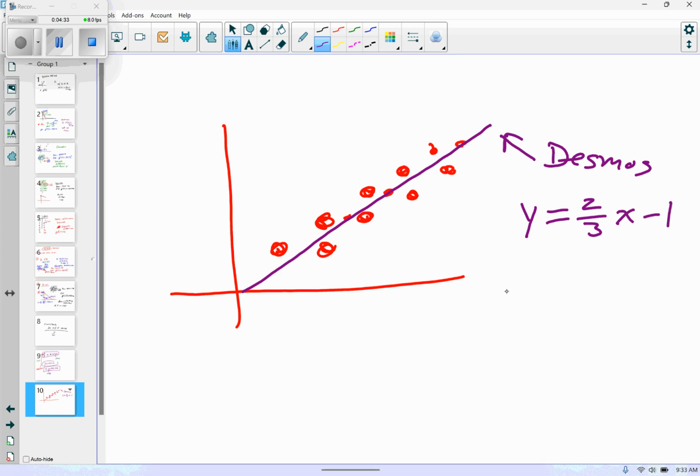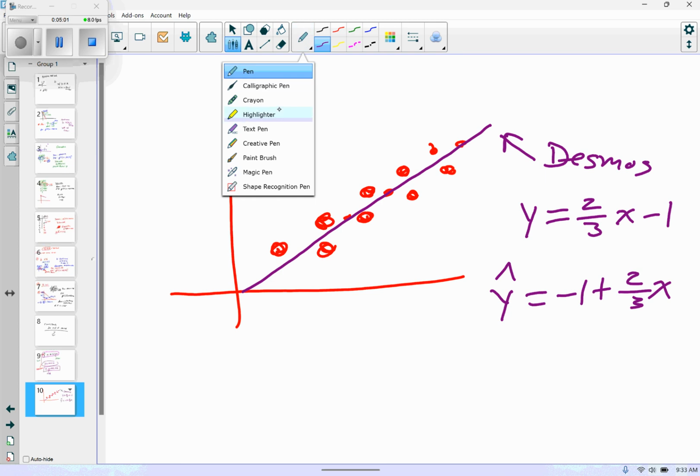In the world of statistics, we would have it like this, and we put a hat on it. Now, this is where science and math start splitting apart. I'm sorry, you didn't know there was going to be a divorce, but it's taken place today.